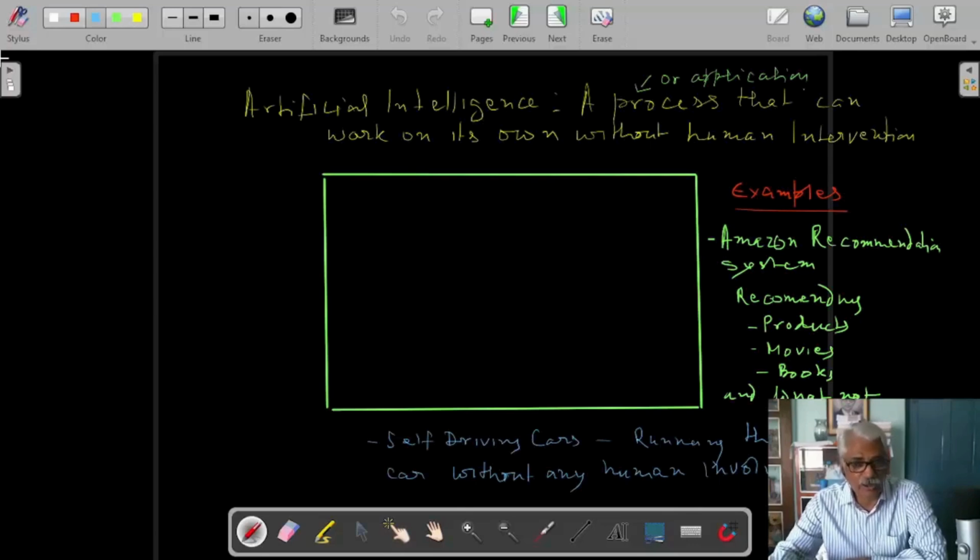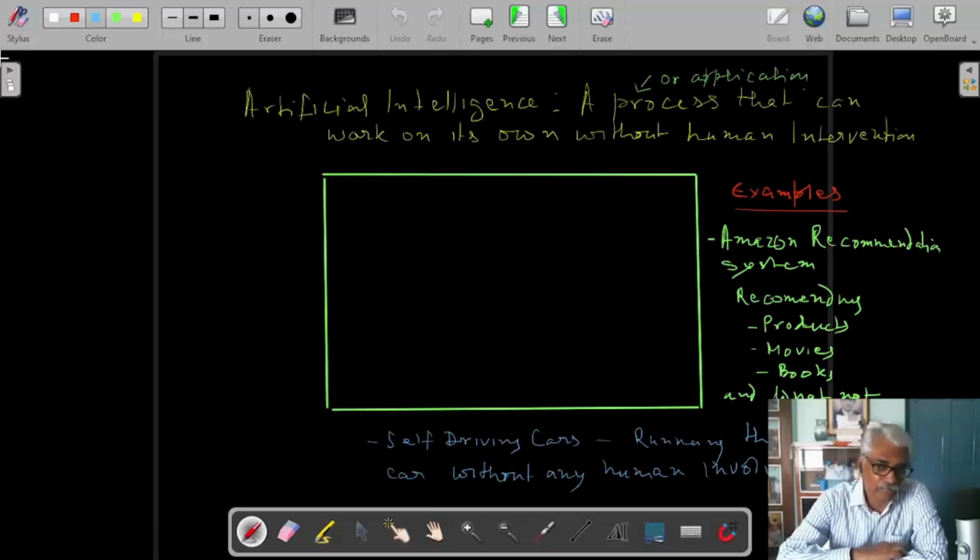Once it has understood your requirements, it will start showing those products only. It may be books, movies, kitchen items, whatever it may be, or garments. It will start showing those items which you are looking for.